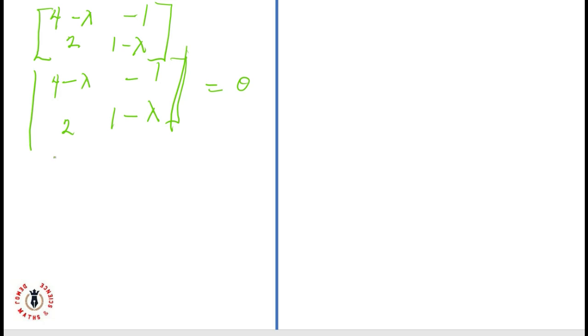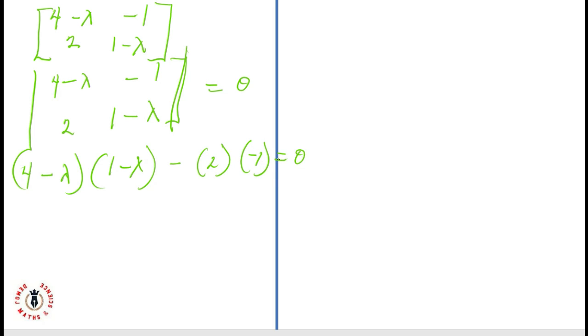To find the determinant of this matrix, we'll be picking the major diagonals, that is 4 minus lambda times 1 minus lambda, minus 2 into minus 1, equals 0.